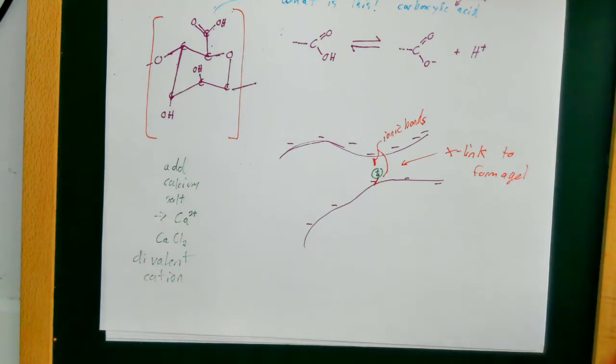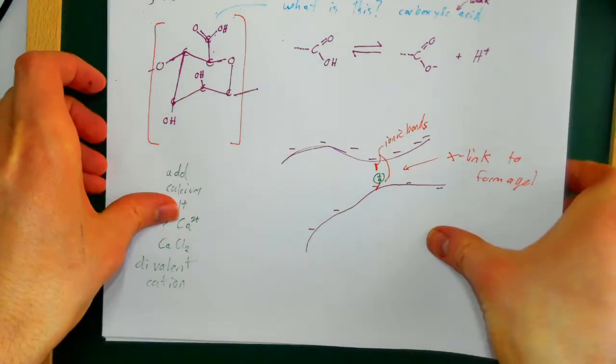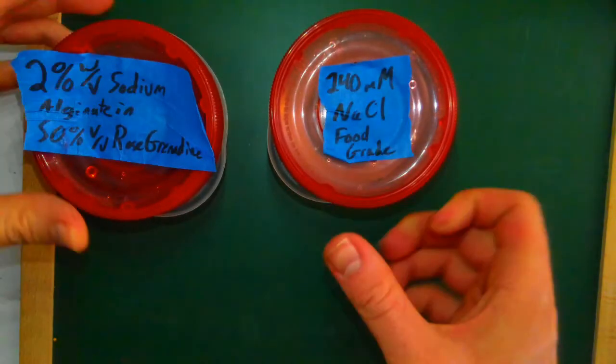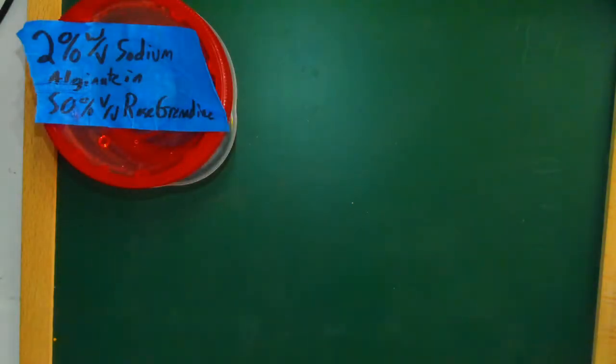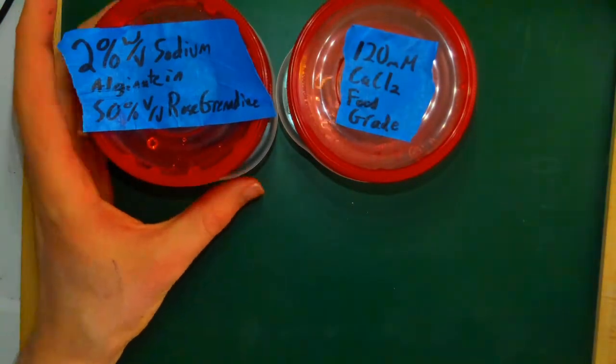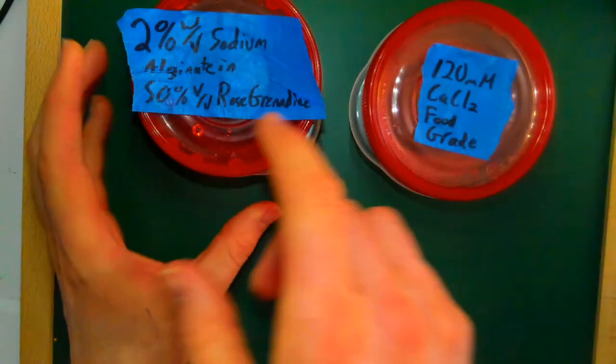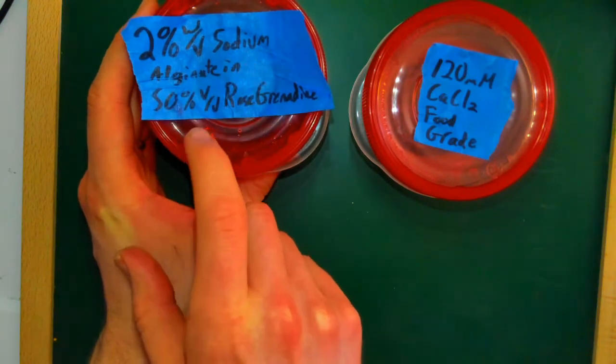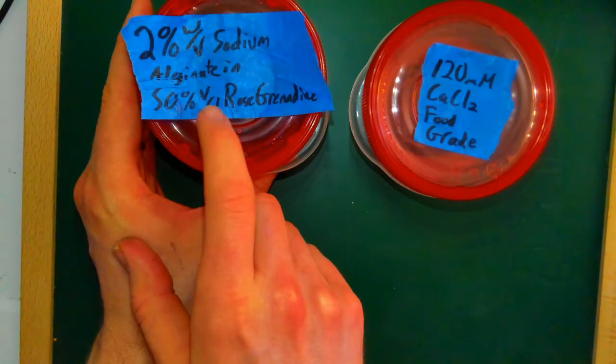Don't believe me? Well, you can see it with your own eyes because I created a live demo. Oops, sorry, not salt. Calcium chloride. So what do I have in here? Here I have a 2% weight per volume sodium alginate in 50-50 grenadine with water. Why grenadine? Just because I want it to taste good.